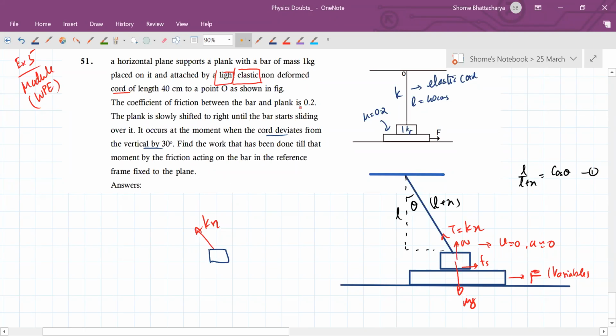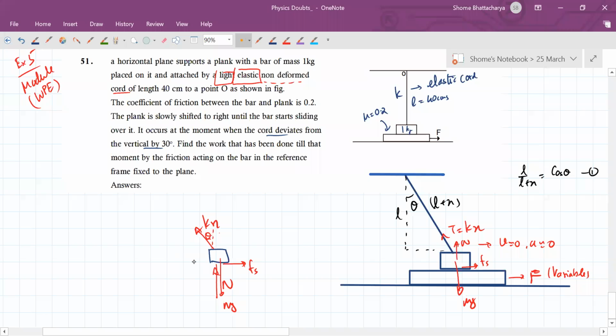Understood, beta? Yes, sir. And initially it is non-deformed. Okay, so that's why. It's acting at an angle theta, right? Normal reaction is acting vertically upwards. Mg is acting vertically downwards.